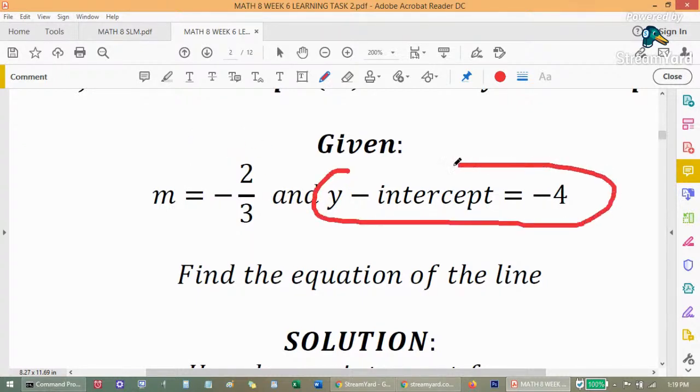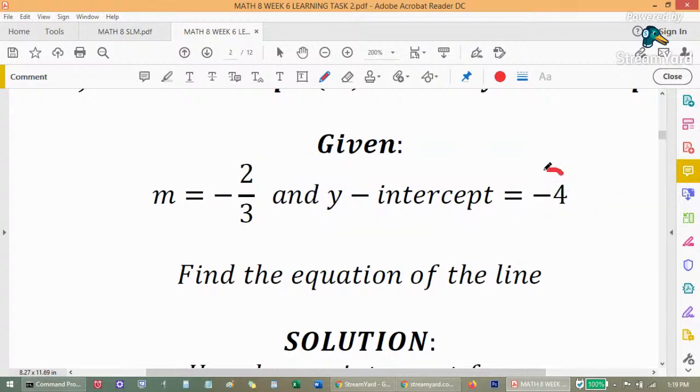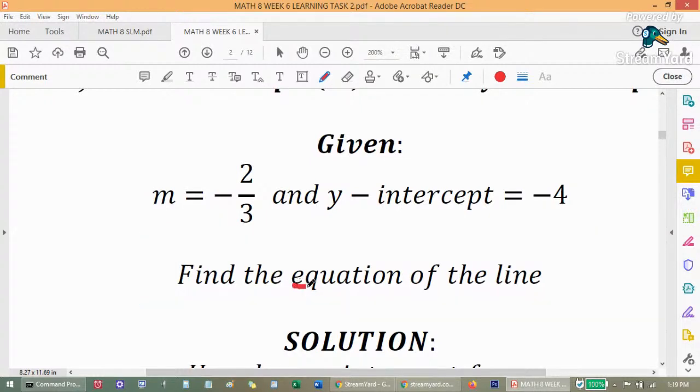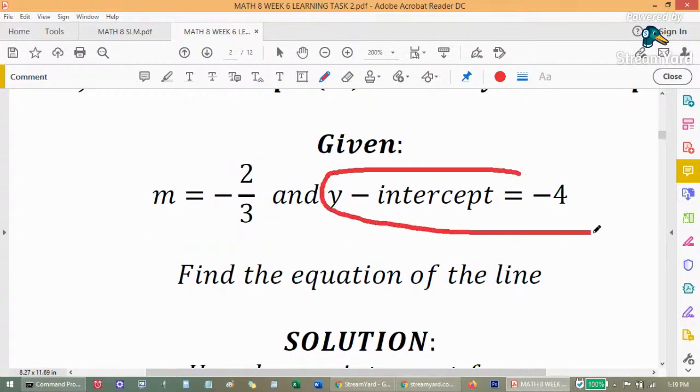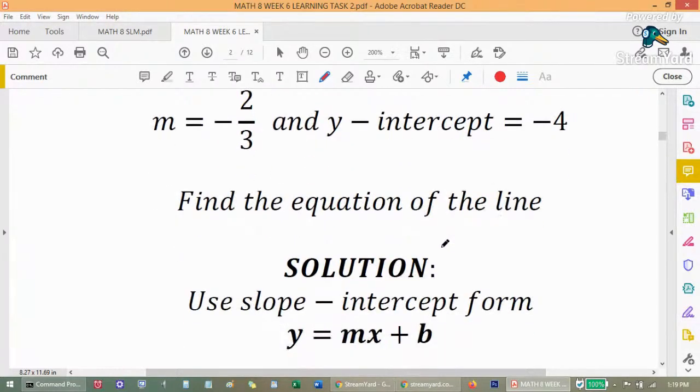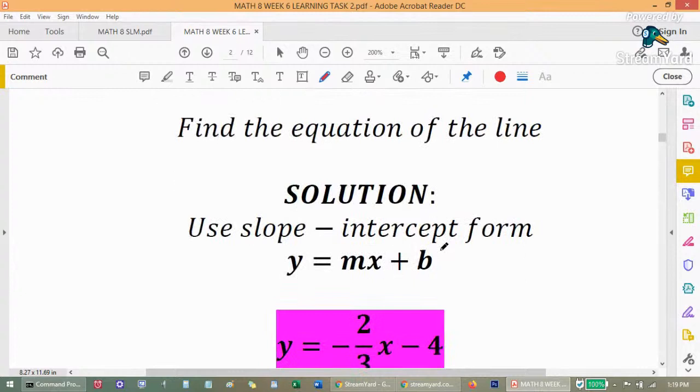Ang y-intercept naman natin ay negative 4. Okay, so find the equation of the line. So, ano daw yung equation of the line pag meron tayong slope at saka y-intercept? So, ito yata yung pinakamadali, no?